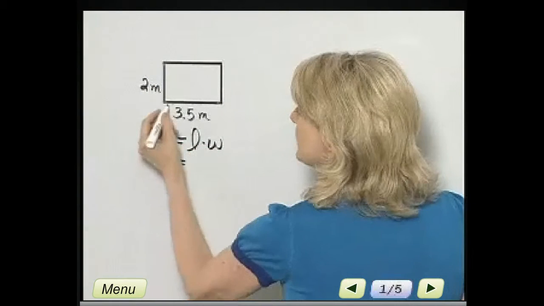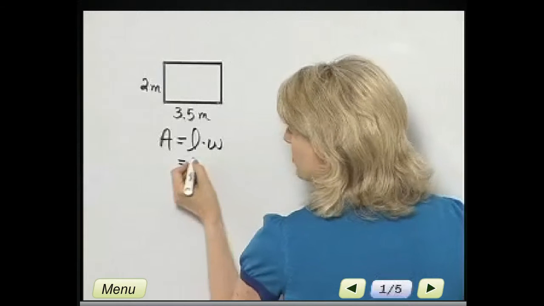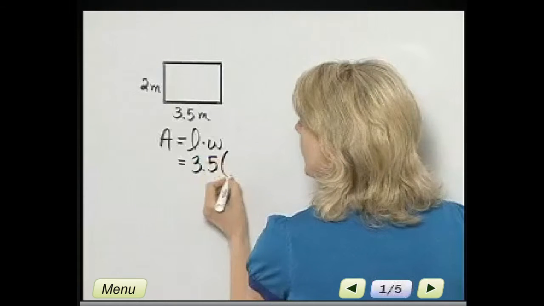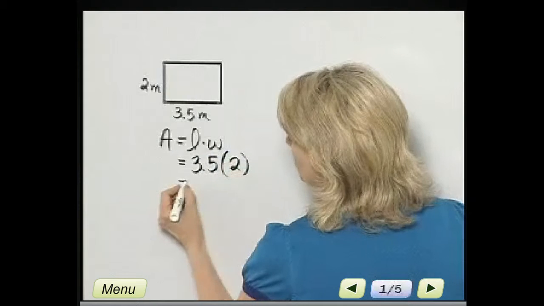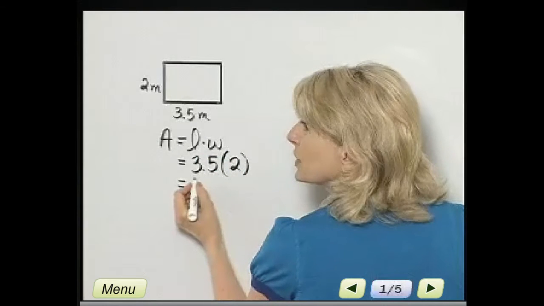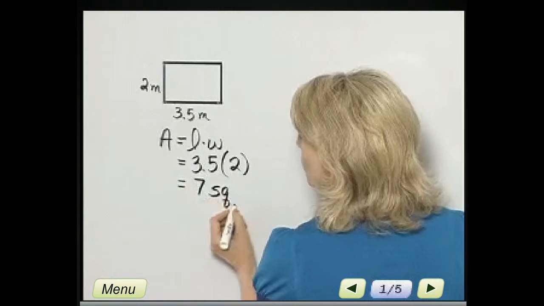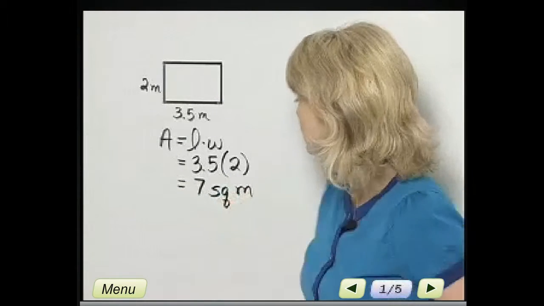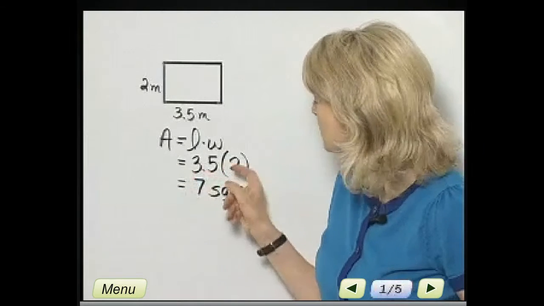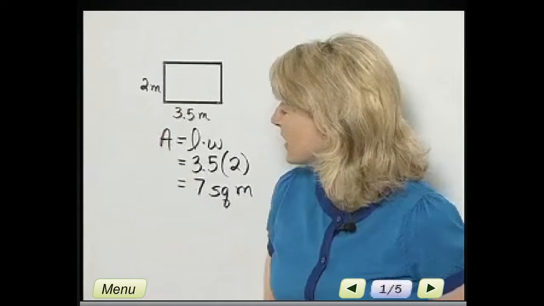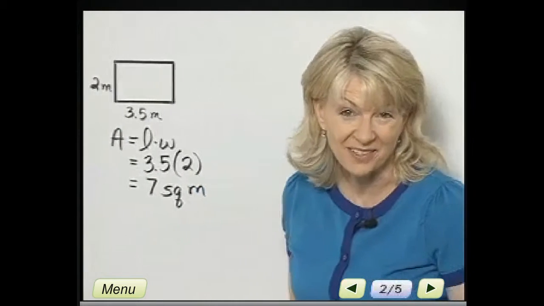So area is length, 3 and 5/10 meters, times the width, 2, and if you multiply, 2 times 3 and 5/10 is 7, and this is square meters in this case. It's basically meters times meters or square meters. The area of this rectangle is 7 square meters.